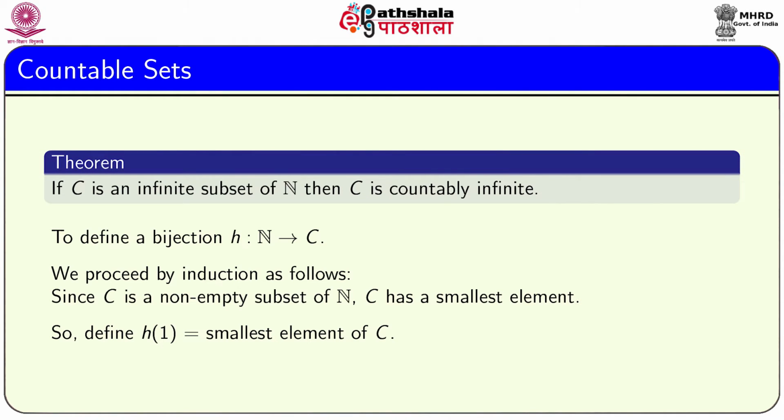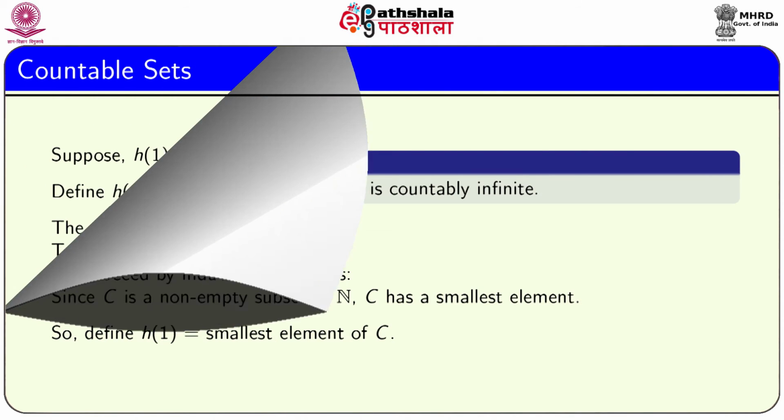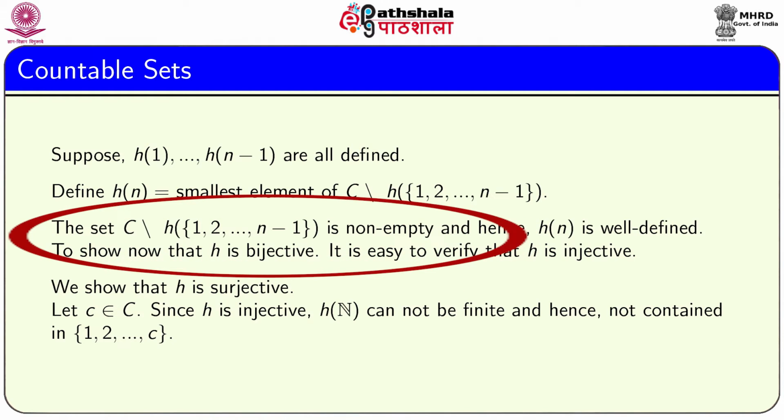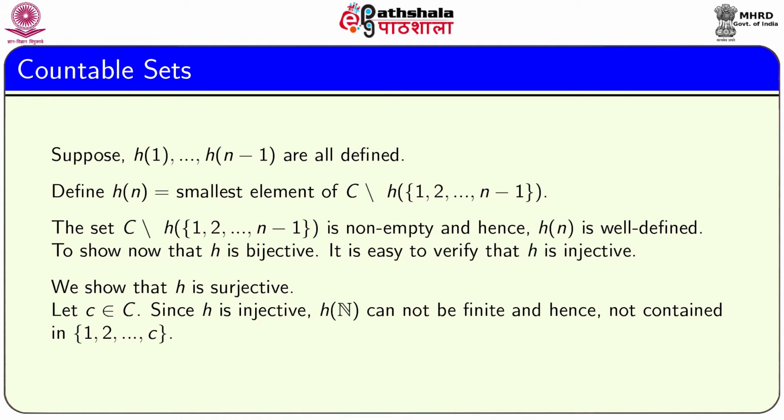So, define H(1) is equal to the smallest element of C. Let us assume that H(1) to H(n minus 1) are already defined. Then define H(n) is equal to the smallest element of C minus H of {1 to n minus 1}. The set C minus the image of the set {1 to n minus 1} under the map H is non-empty, and therefore, H(n) is well defined.